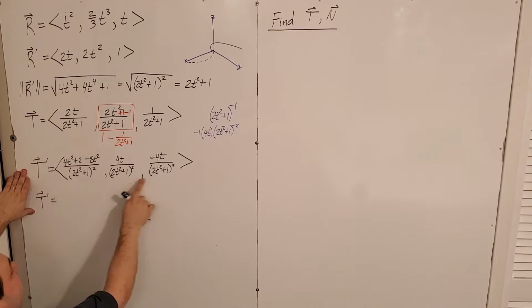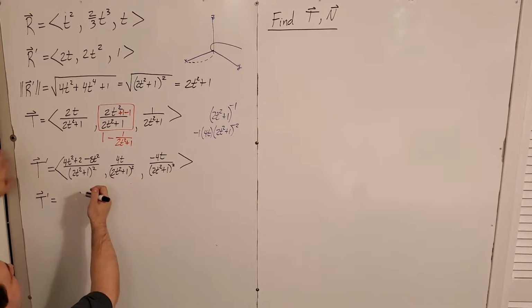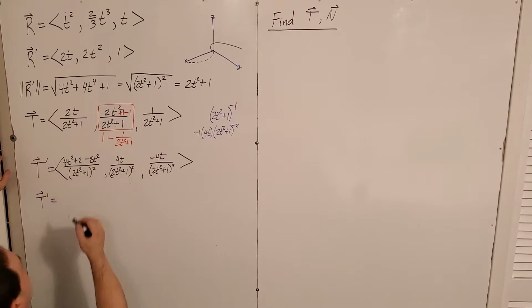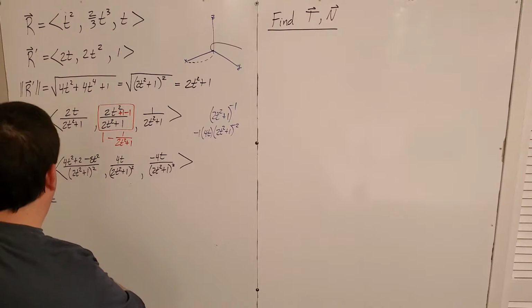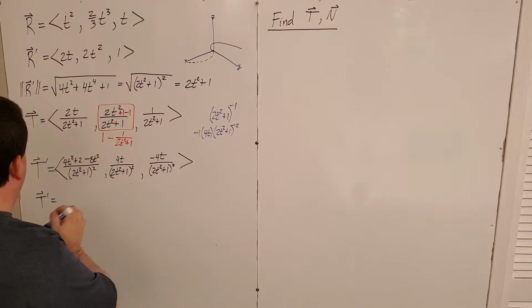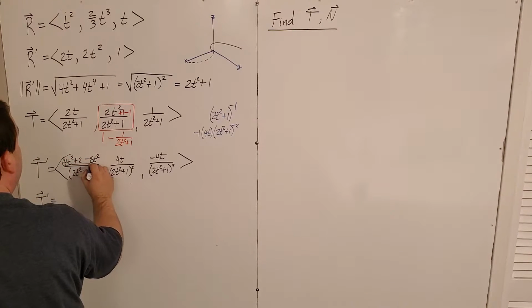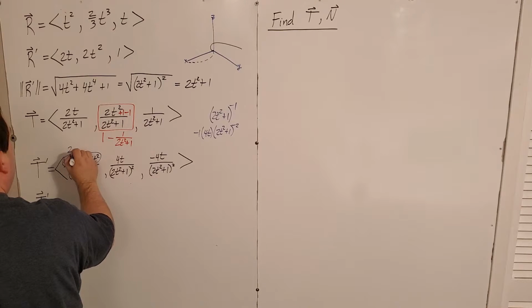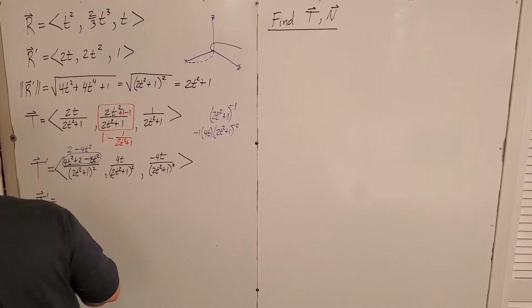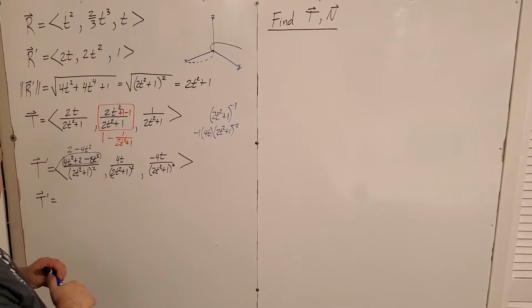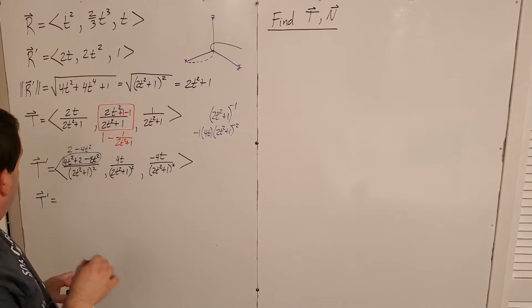They all have the same denominator, right? Oh, and let's simplify this numerator right here. This numerator right here is 2 minus 4t squared.